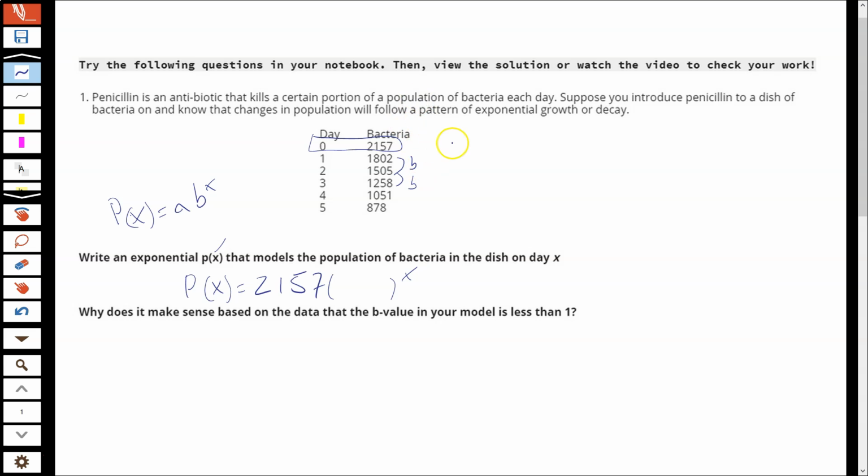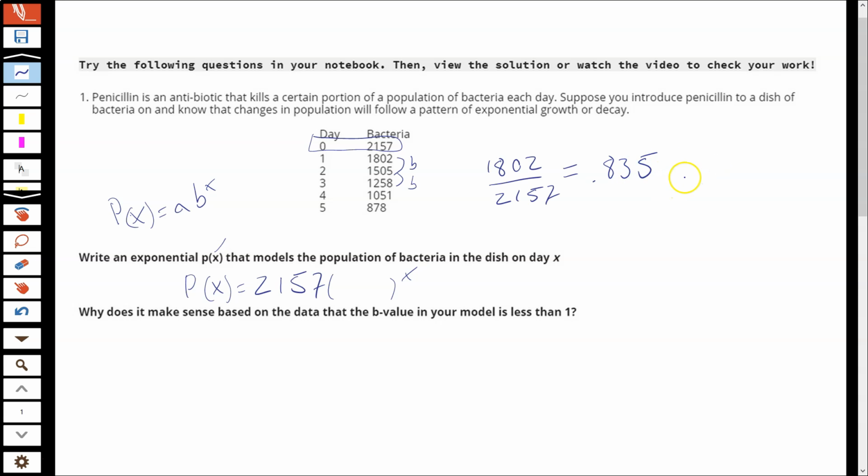In this case, the way I might figure that out is I might take 1802, the population on day 1, divided by 2,157. And you get, I believe, something like 0.835, and I rounded there.